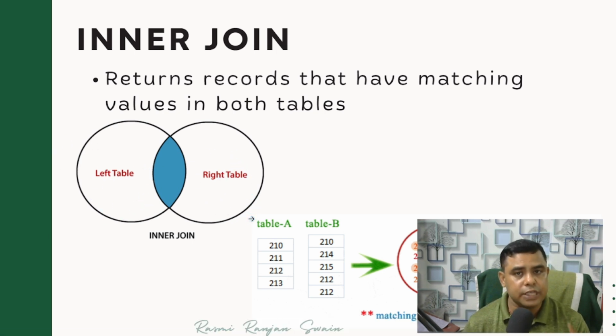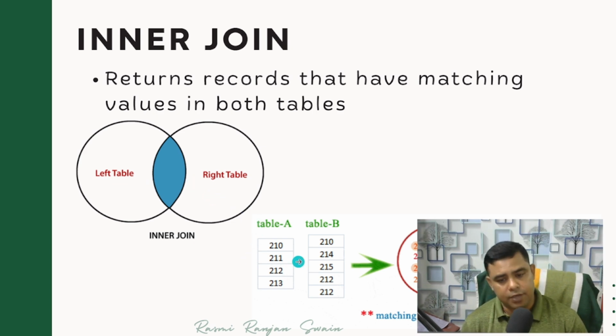Whenever we use the inner join, it will extract the common data in the left table and the right table. So here is the intersection of both tables. That data will be extracted through the inner join.